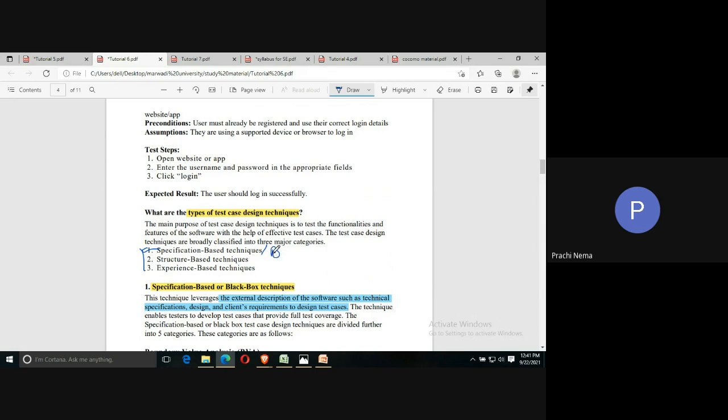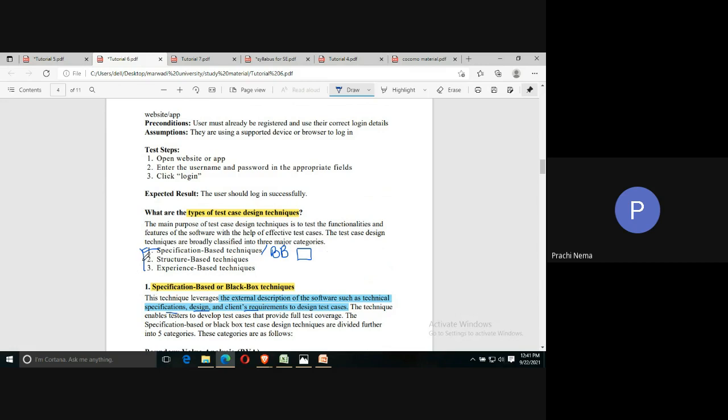This is your black box. और ब्लैक बॉक्स टेक्निक मतलब क्या होगा, we just have the knowledge about the outer information of the system. Okay, so here we just know about the technical specification, design, client's requirement, and information like that. We don't have any internal detail.